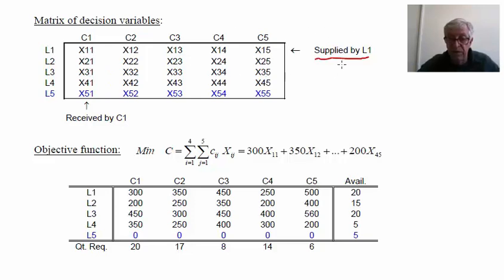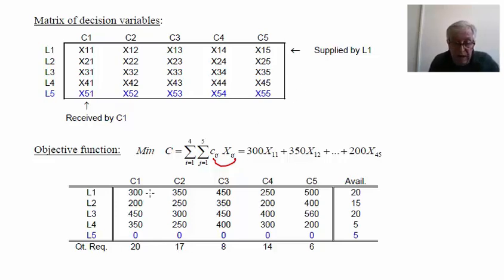So in terms of the objective function, we have also here the table with the costs of transporting one box from one supplier to one client. And the objective function is just this product that involves the elements of these two matrices. Of course, we don't need to consider the last line, because the last line of variables is related with the fictitious quantities.